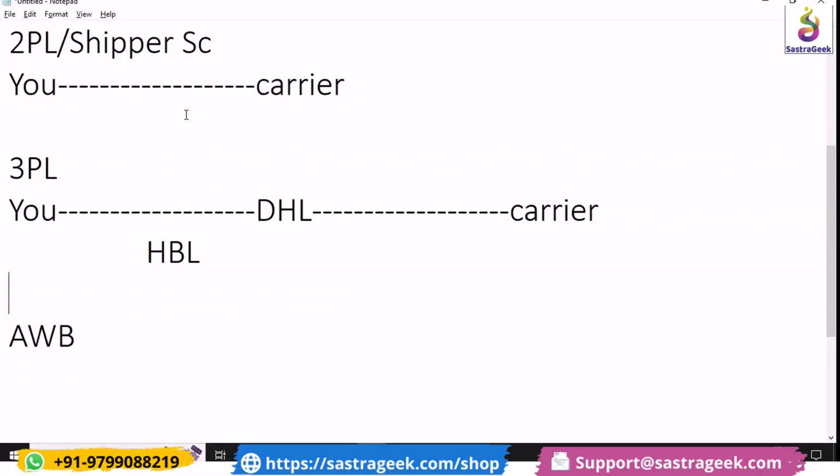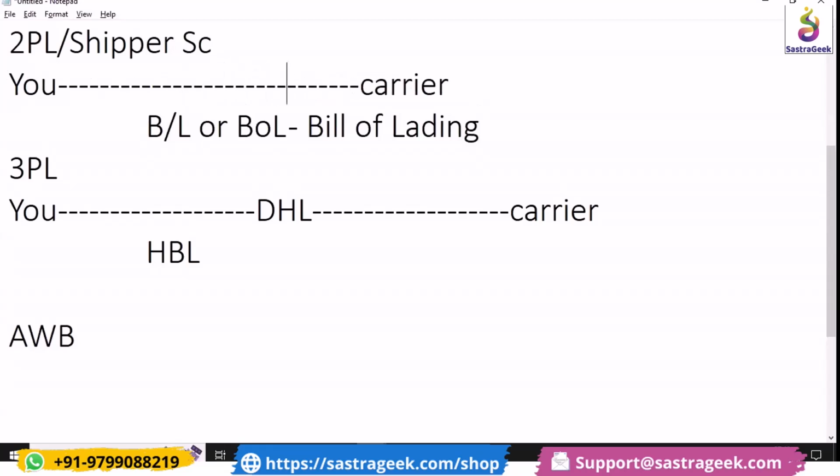Now, this bill of lading is utilized more commonly when you are going with a 2PL case. For example, if you are reaching out to the carrier directly, a bill of lading number is generated with respect to that. Now, what is a bill of lading?